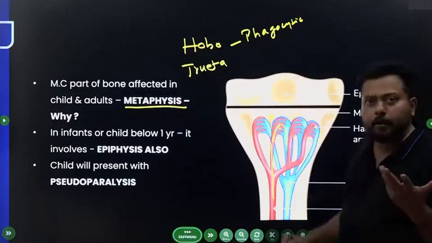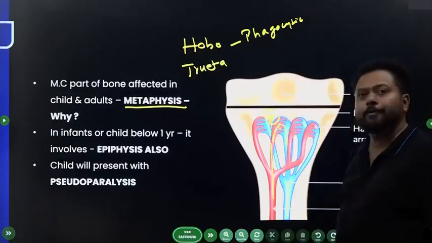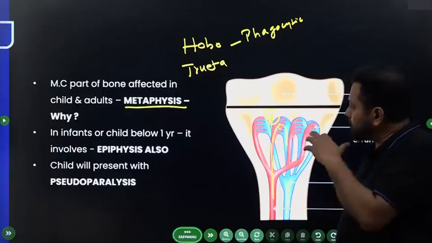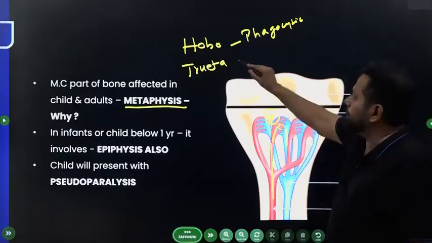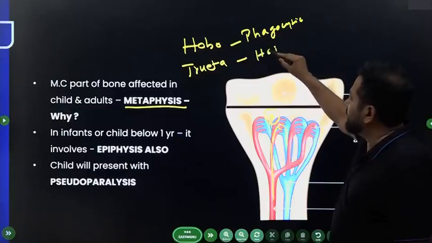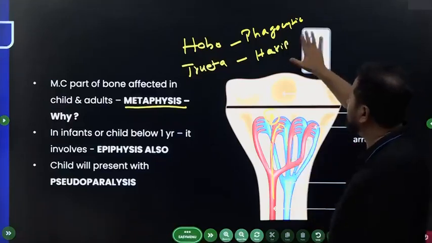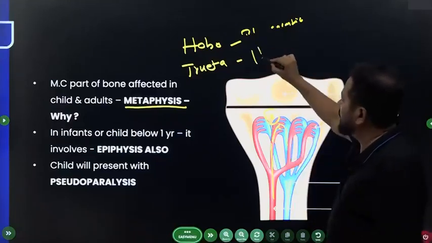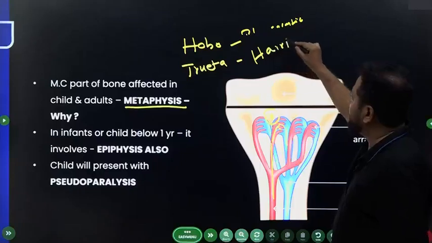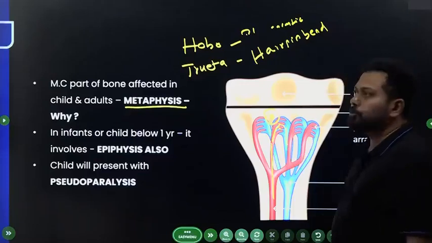Already phagocytes are not working, so there is more chance of forming an abscess or inflammation here. This hairpin bend vascular theory is called Trueta's theory.